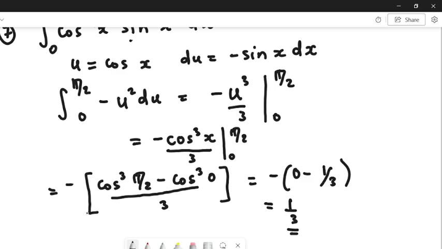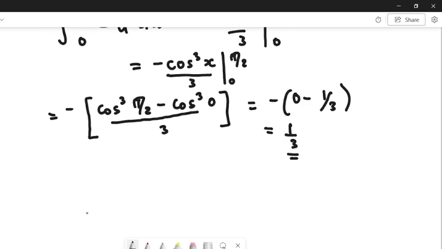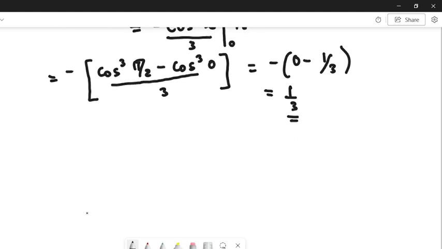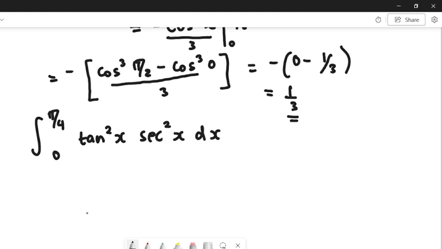But now we have our last example, which is a bit tricky. Example 8, we are told to integrate from 0 to pi over 4, which is 45 degrees, tan squared x secant squared x dx. You can see here everything is squared, but if you check closely, you realize here we have sec squared x dx.